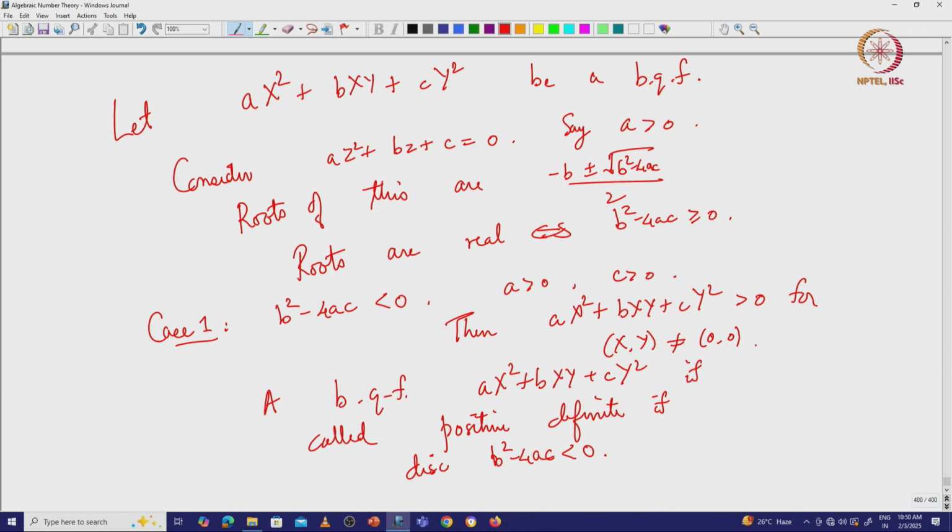I think it is a good point to stop today, but you can similarly analyze what happens when b squared minus 4ac is bigger than 0, and what happens when b squared minus 4ac is 0. In any case, the positive definite quadratic forms are of interest to us. These are the only ones that we are going to study, so I won't say much about the other ones.